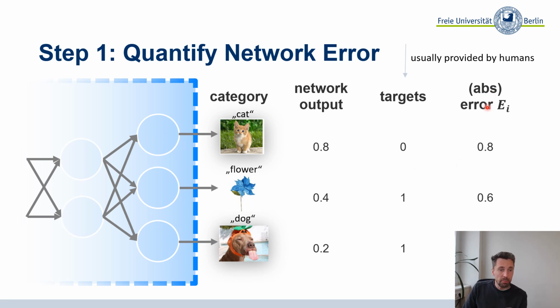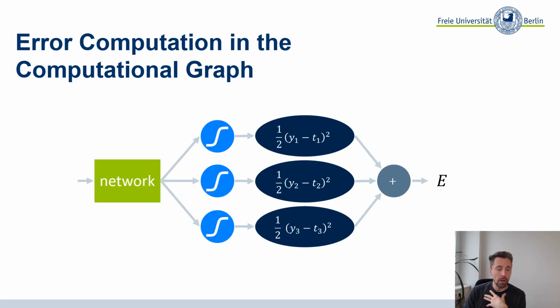So we could, for example, use network output minus the target, and then take the absolute value of this, and then sum everything up or average everything, right? So then we have one number that represents how good or how bad the network's classification actually was on the training set.